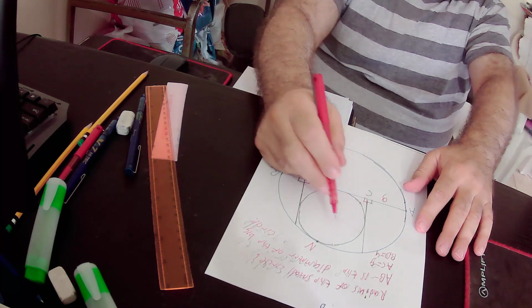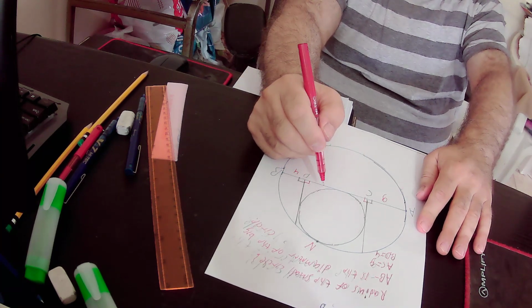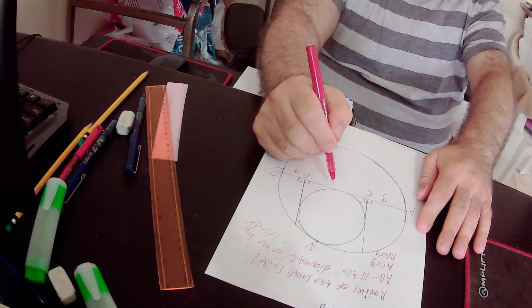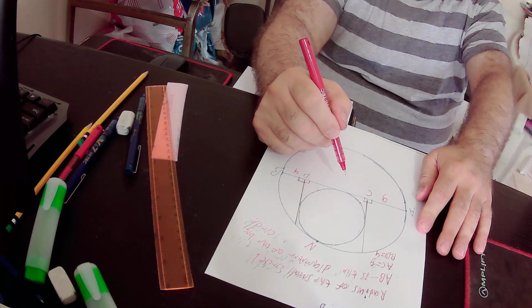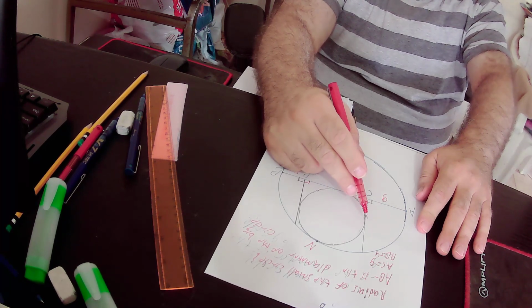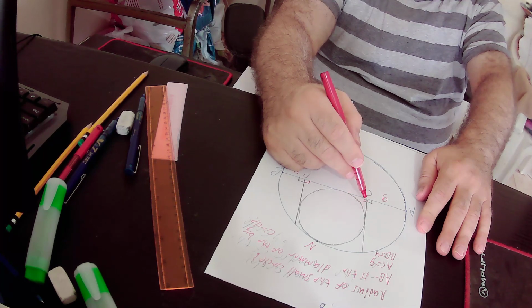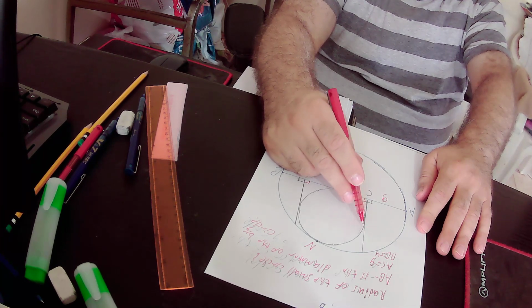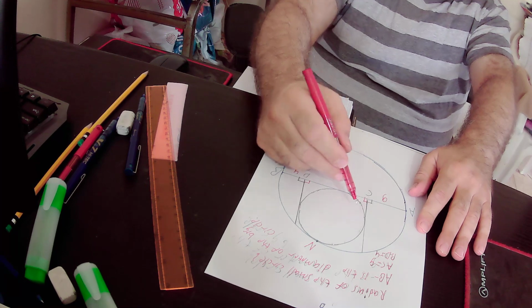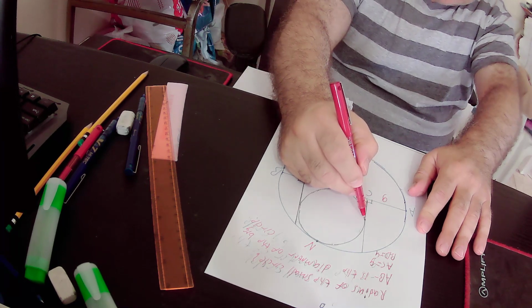The small circle has 3 tangents. This is the first tangent. This tangent is tangent to the circle at this point.